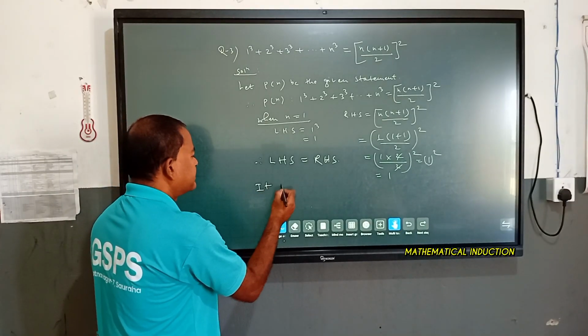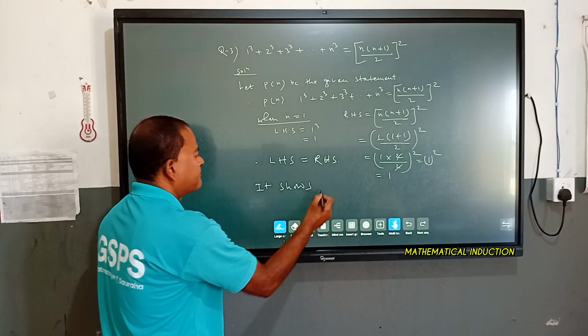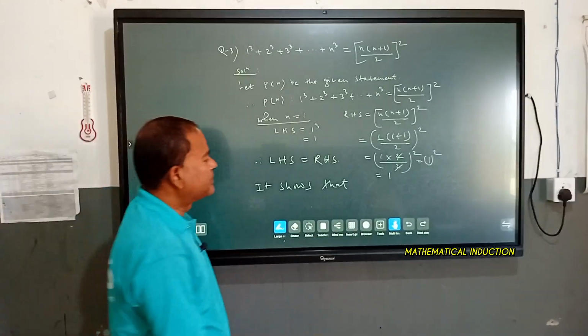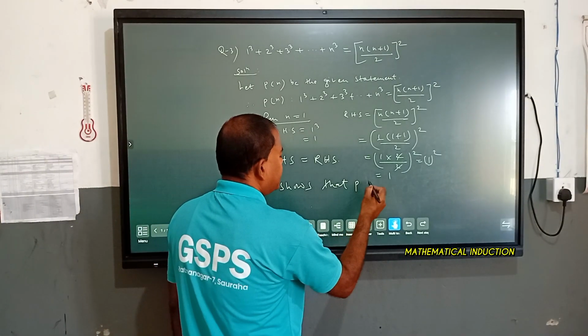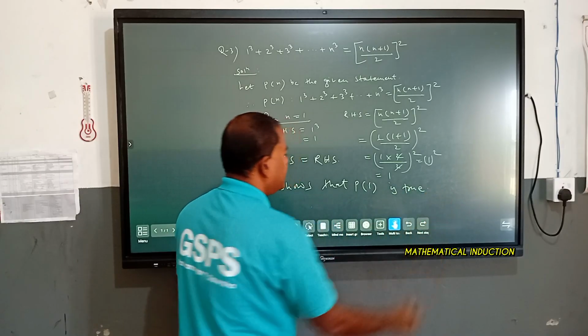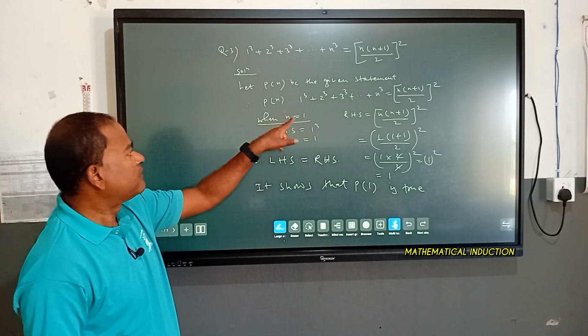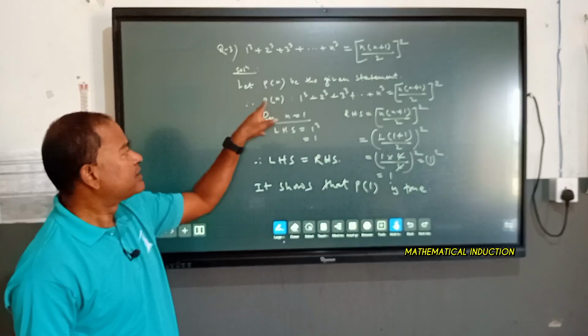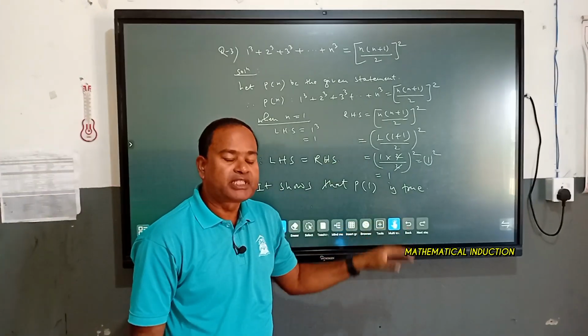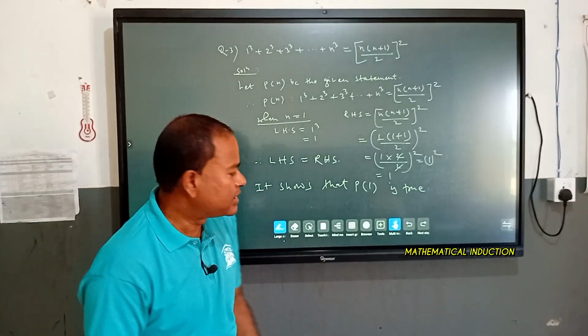It shows that P1 is true. If we put the value of n equals 1 in our statement, then it will be P1. That means the given statement is true for n equals 1.